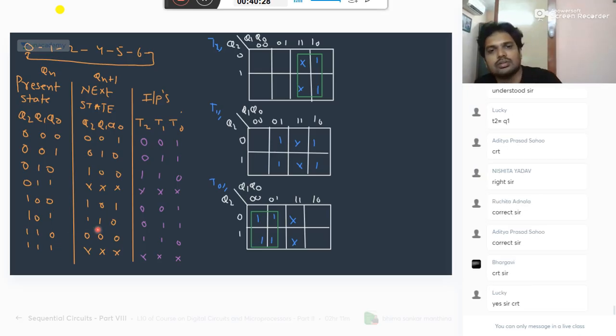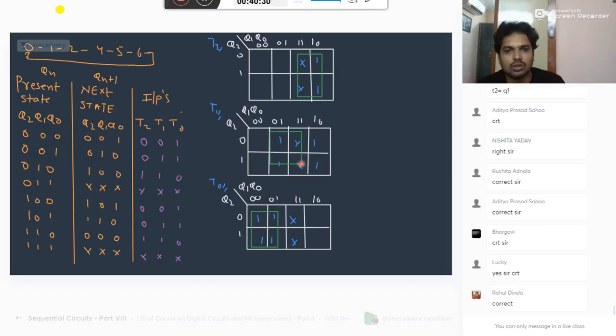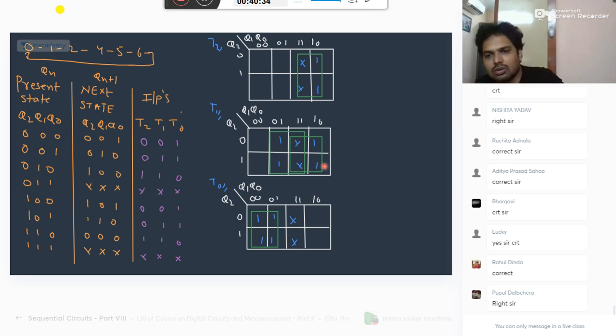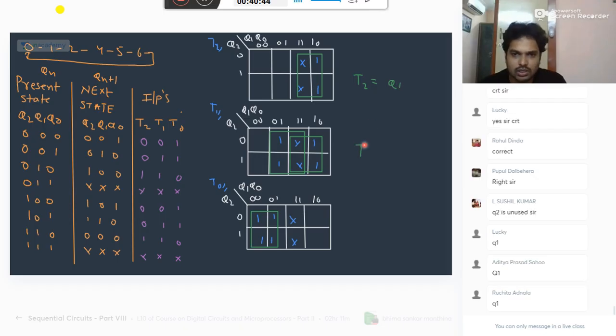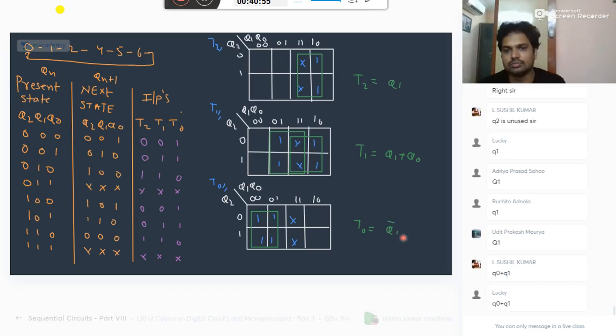Okay, so let's do it, no problem. You can take this as one quad, this as one quad. So what is your T2? It is Q1. What is T1? This is Q0 and Q1. And what is T0? Q1.